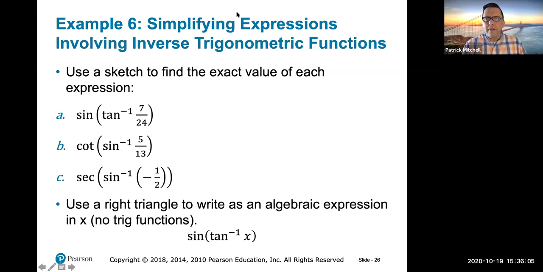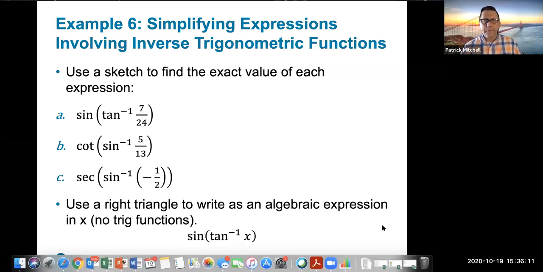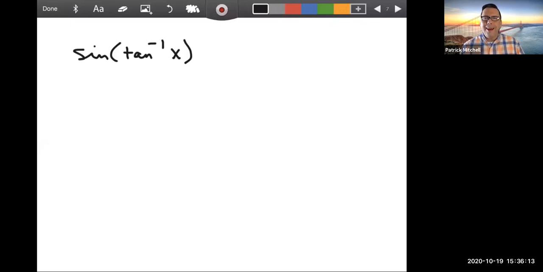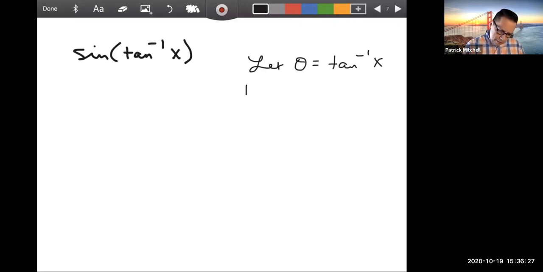All right, so we're going to do this the same way that we were doing these other problems, by drawing a right triangle. Well, I've almost run out of angle names, so I think I'll go back to theta. Let's let theta equal the inverse tangent of x, which means that the tangent of theta is x.